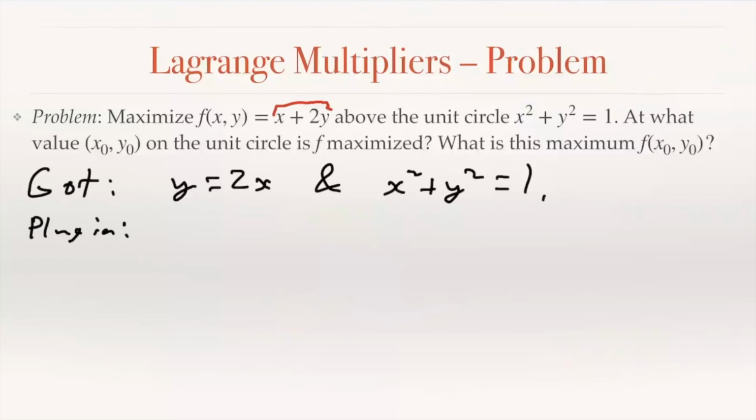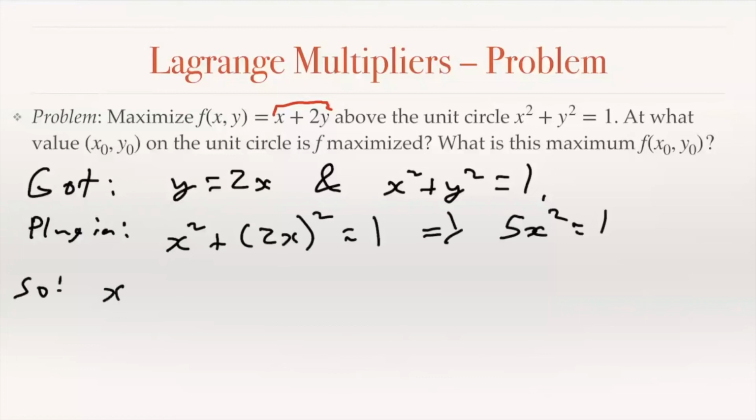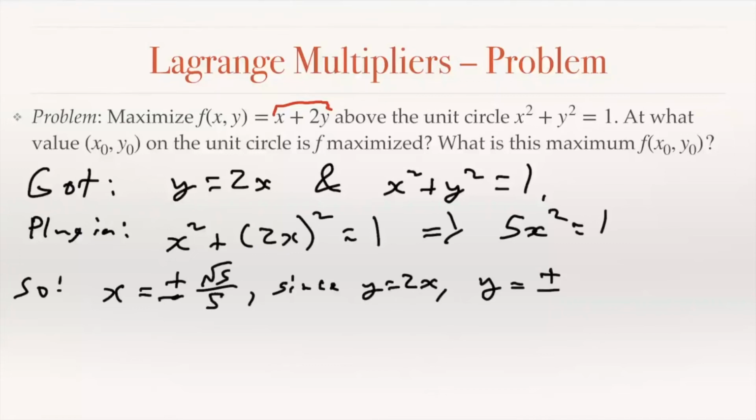Plugging in y is 2x, we have that x squared plus 2x squared is 1. That means that 5x squared is 1. So x is plus or minus root 5 over 5, and then since y is 2x, y is plus or minus 2 root 5 over 5.